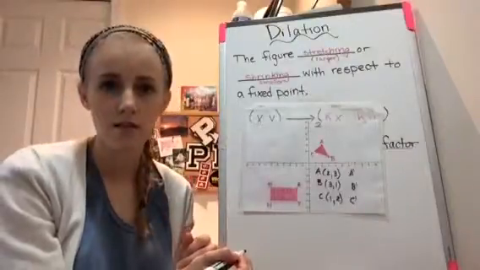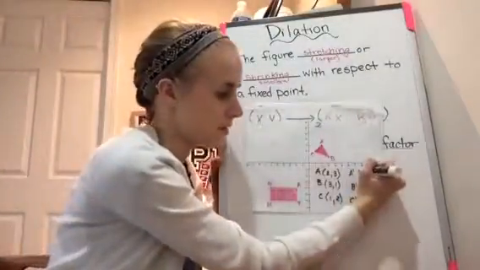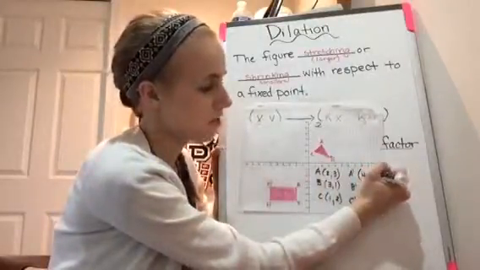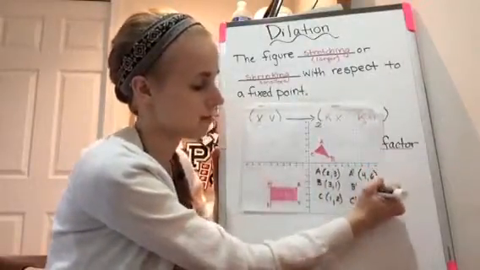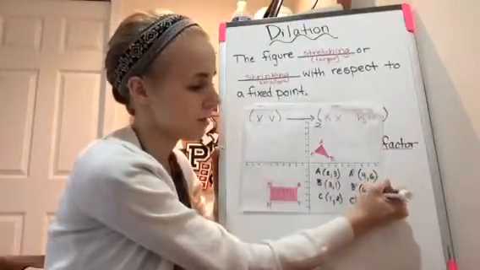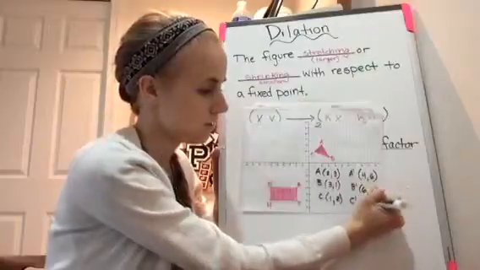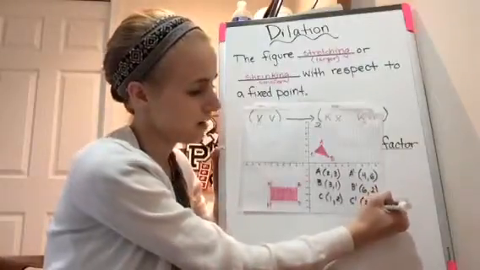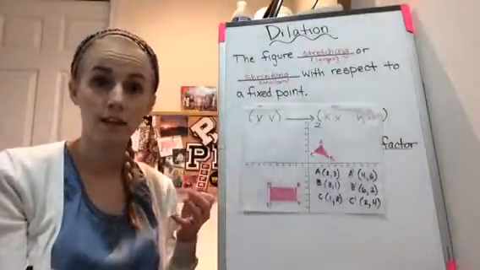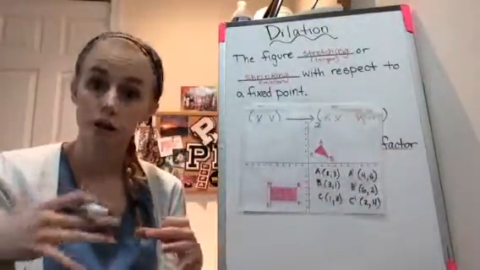And since the scale factor is 2, I'm going to multiply everything by 2. So 2 times 2 is 4, and 3 times 2 is 6. That's our A prime. 3 times 2 is 6, 1 times 2 is 2. 1 times 2 is 2, and 2 times 2 is 4. So now I have my points for the dilation, or my stretched figure.